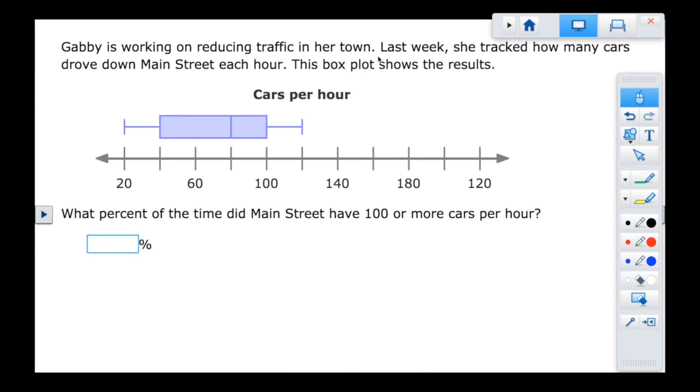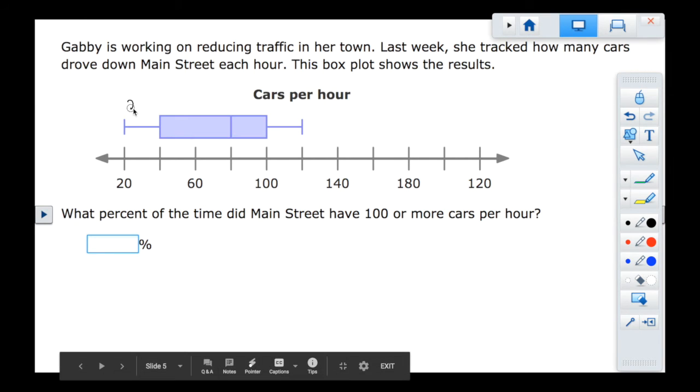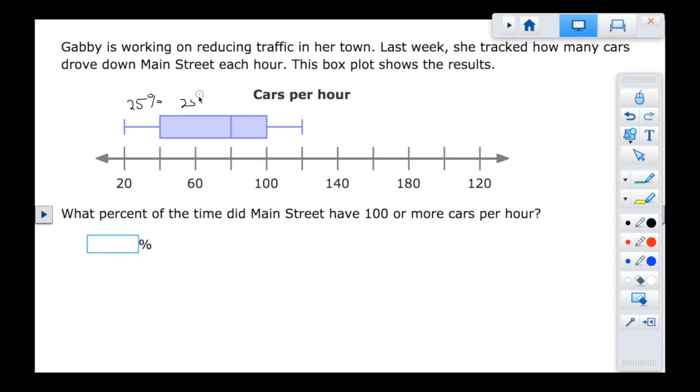Gabby is working on reducing traffic in her town. Last week she tracked how many cars drove down Main Street each hour. This box plot shows the results. What percent? Now remember, each part is broken into 25. So this is 25%, this is 25%, this is 25%, and this part is 25%.